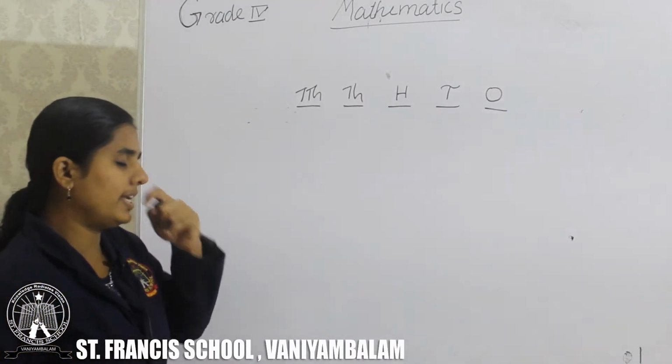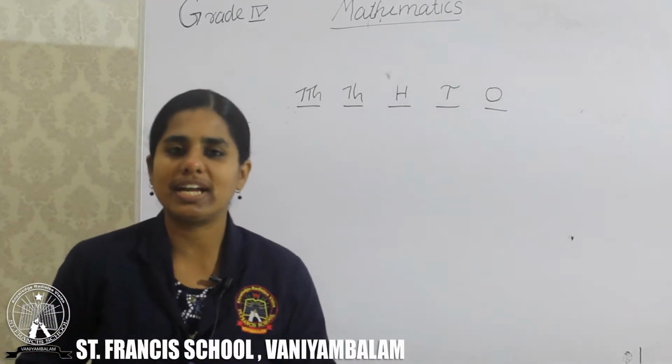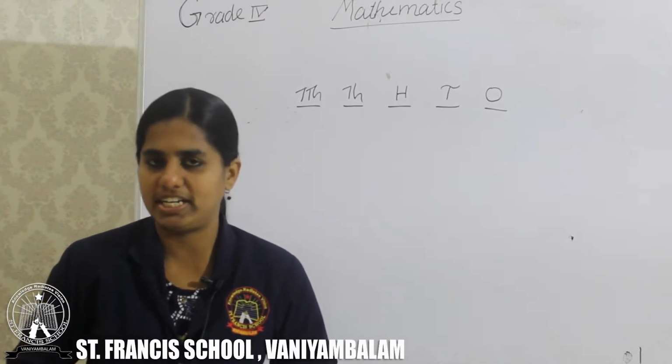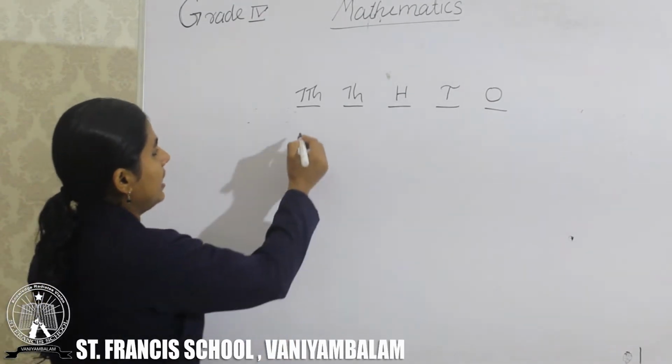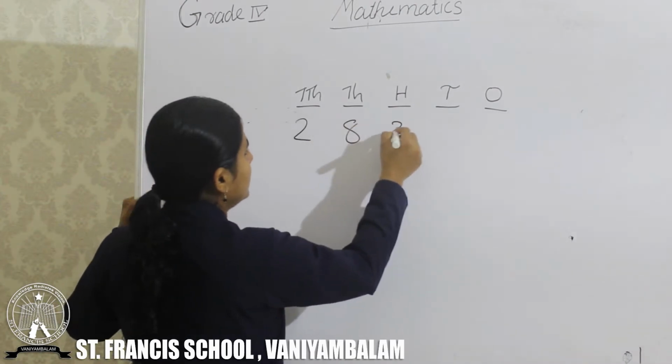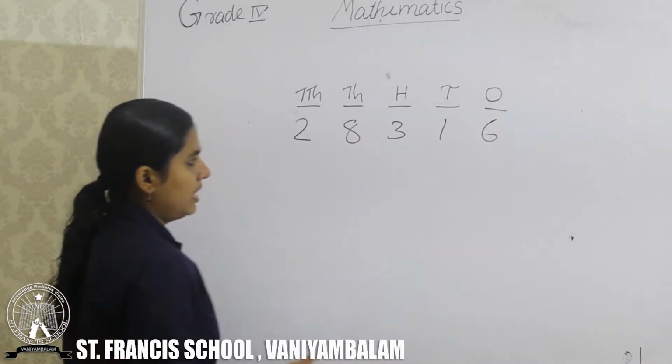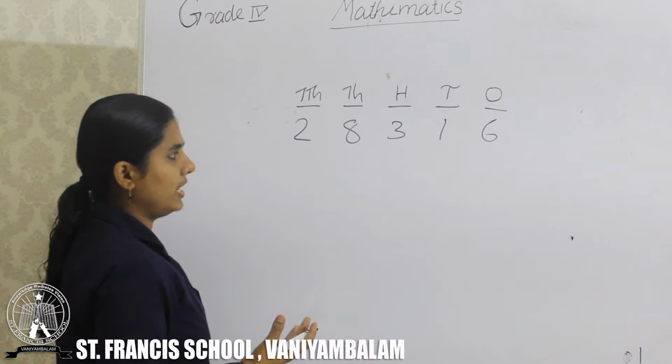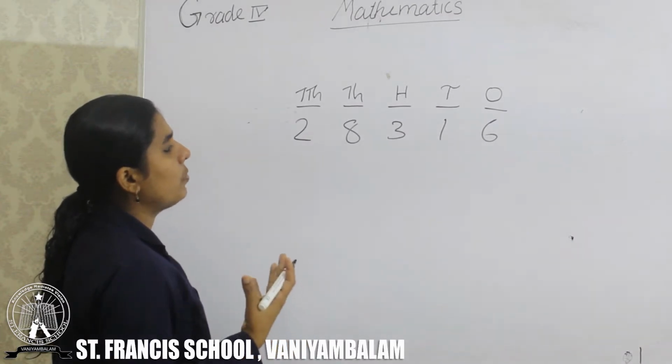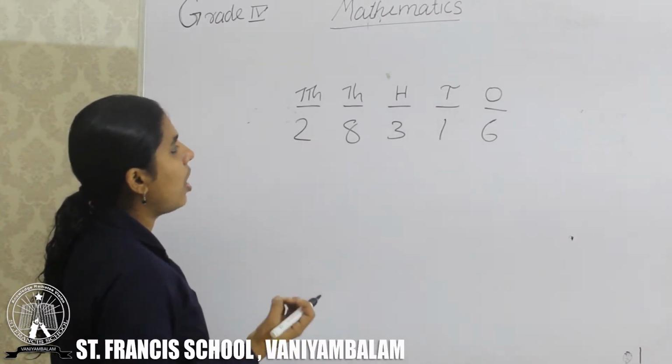Now we can see how to read the number names of 5-digit numbers. Listen here. Here I will write a 5-digit number. Before that, we can divide it into how many parts?